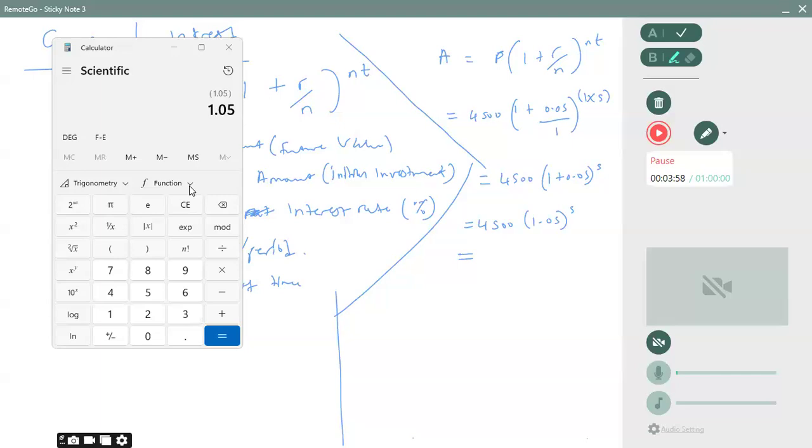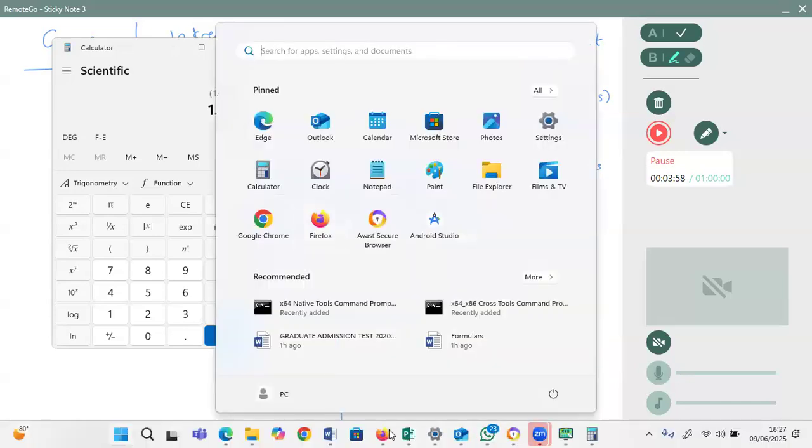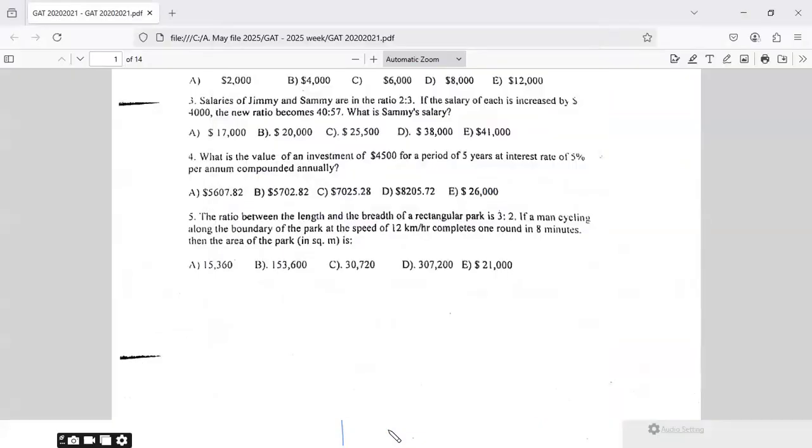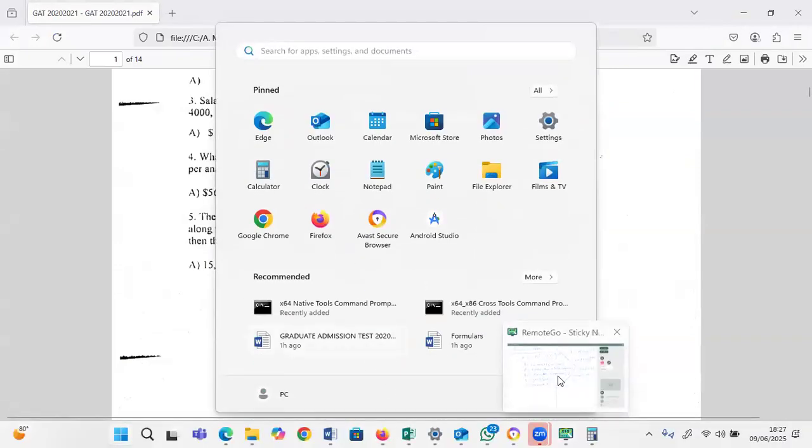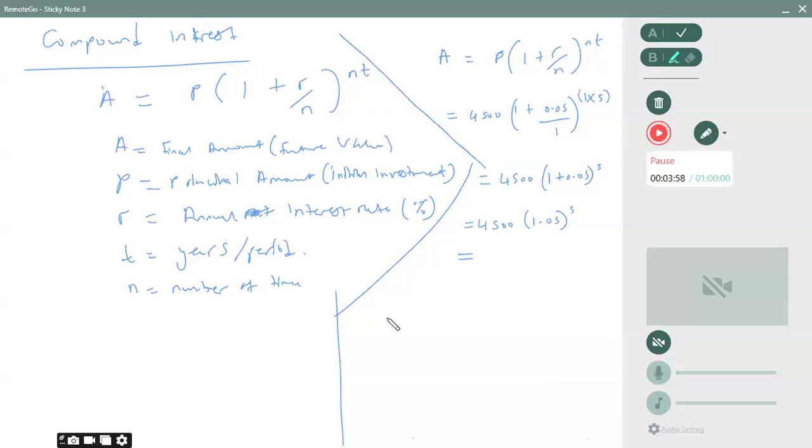Compounded semi-annually, that is 2. Compounded quarterly, that is 4. Since the question is saying compounded annually, meaning once, N is 1.